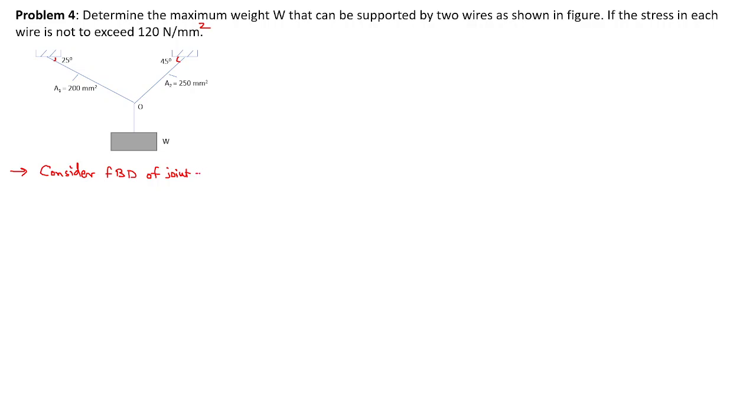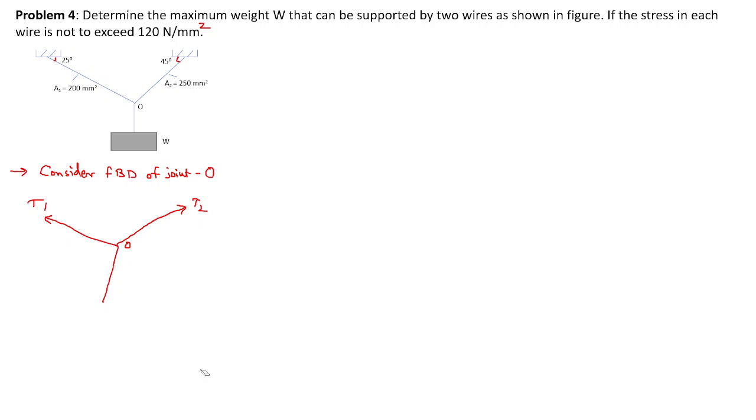Joint O. Here is O, here will be T2, here will be T1, and here straight.